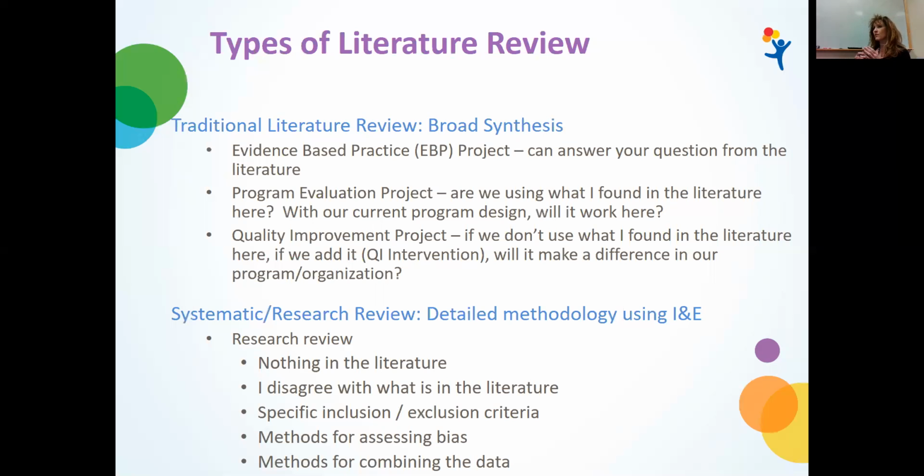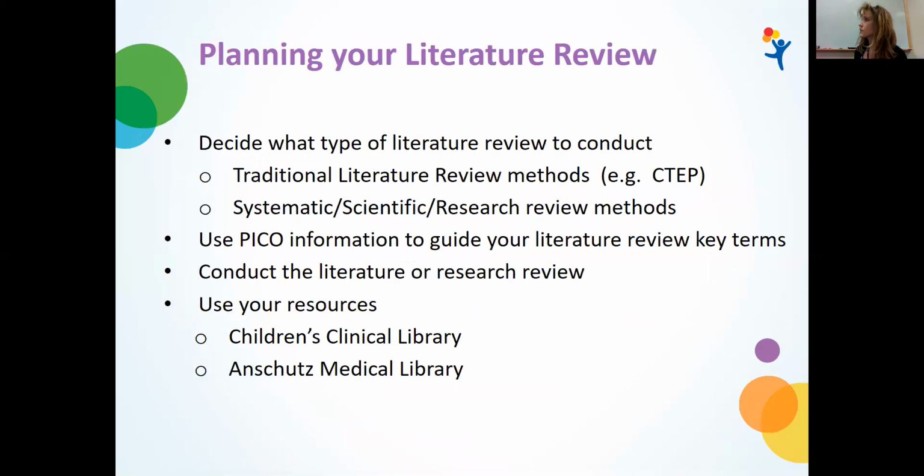That usually is different from the traditional literature review because you set criteria. You guys have seen this in writing: I'm only going to look for articles in the last 10 years, only randomized controlled trials focused on this area with this outcome. Whereas with a more traditional literature review, you can have a wider scope if you want. So that's the difference with what we're doing.